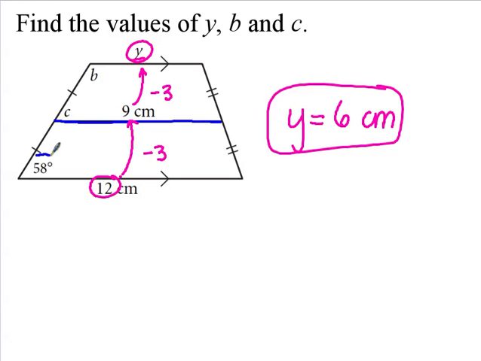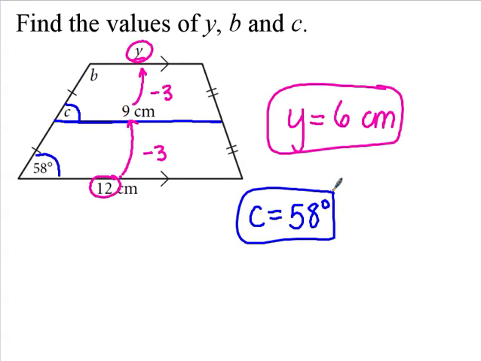58 degrees. And C, what do you know about those two angles? They are corresponding angles, which means they are? Which means C is? 58. Nice job. Now I've got to figure out what B is. Okay, how'd you get 122? You're right.